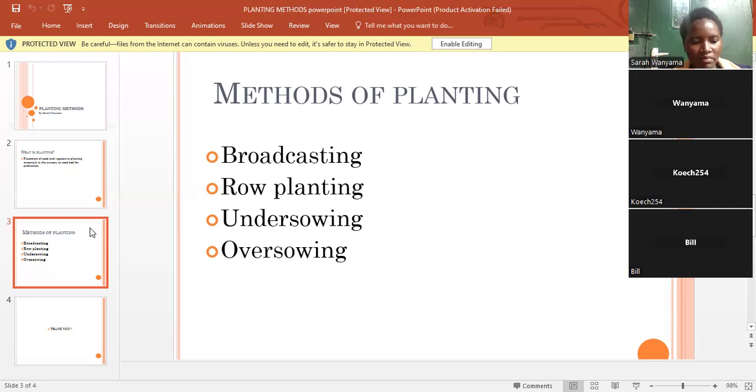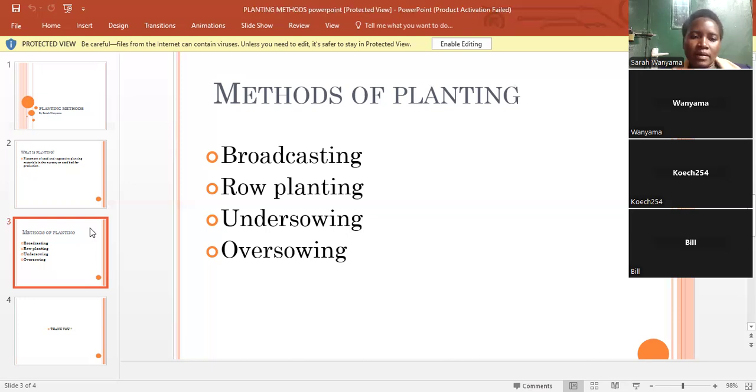Oversowing can be done by broadcasting seeds over the surface of the pasture or by using specific machinery to distribute the seeds evenly, just like in broadcasting, manually or mechanically. The goal of oversowing is to increase the diversity of plant species in the pasture, to improve forage quality, and to provide additional nutrition for grazing animals.